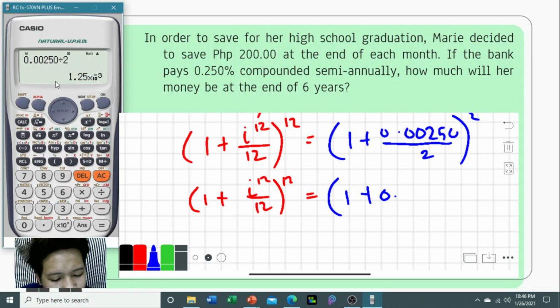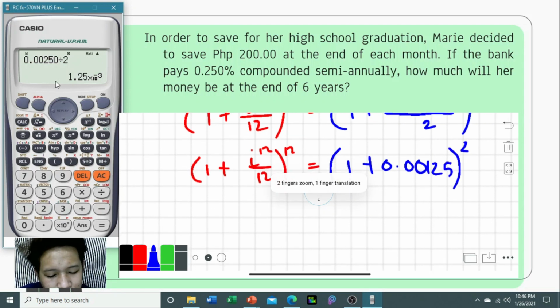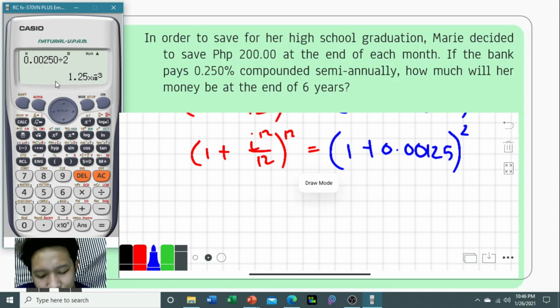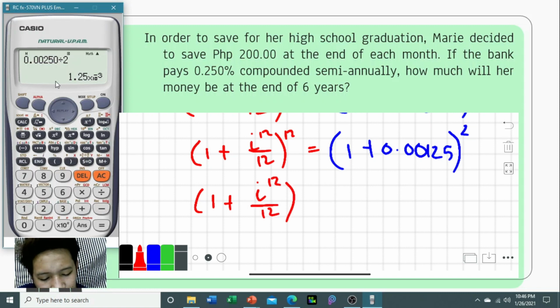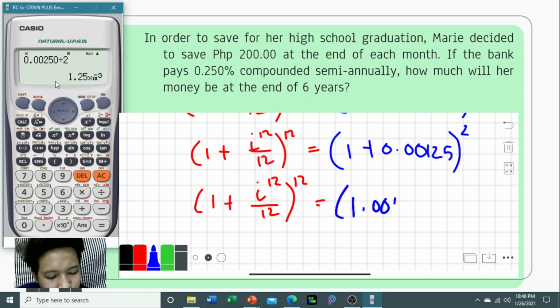So we add 2 zeros, 1, 2, 1, 2, 5. Okay, then we have raised to 2. And then, ang gagawin natin is, we simplify it again. We have 1 plus i raised to 12 over 12 raised to 12 equals what? So, that is 1.00125 raised to 2. Okay po?